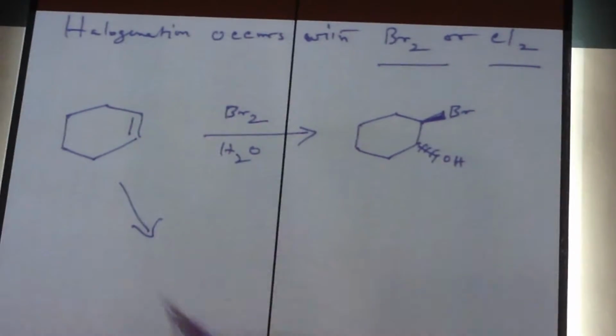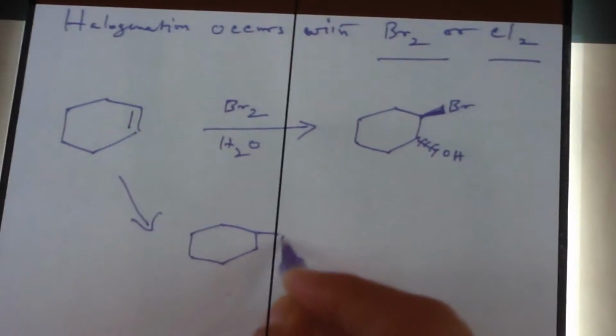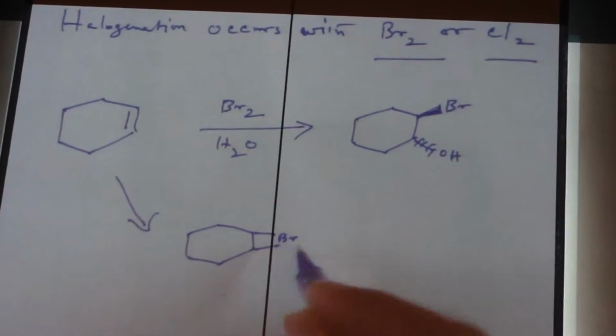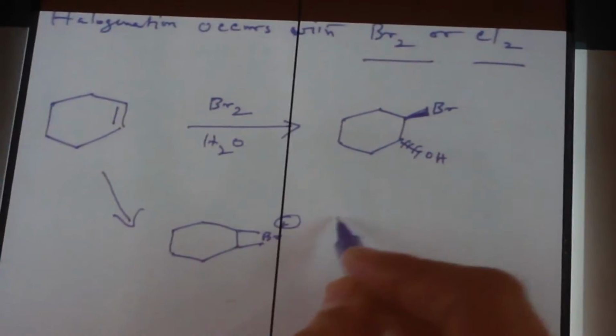Now, the intermediate is the same in both cases. In this case as well, you form the bromonium ion, which is then opened up by the attack of the water molecule.